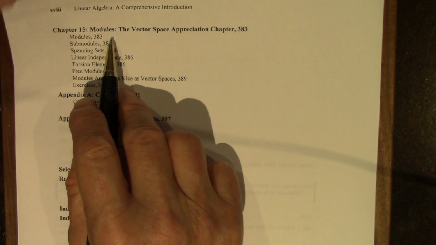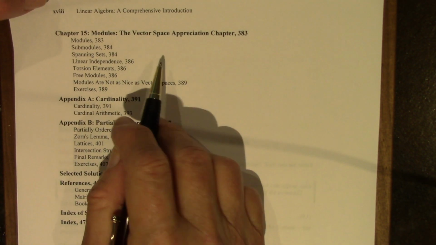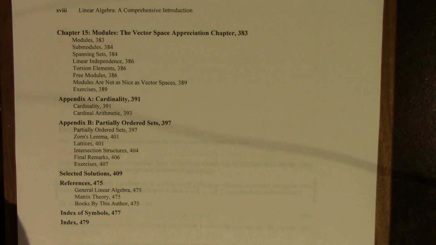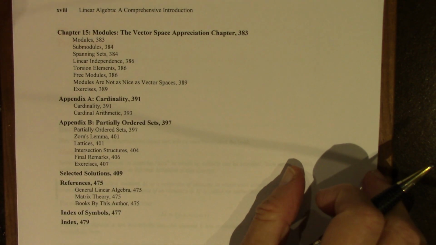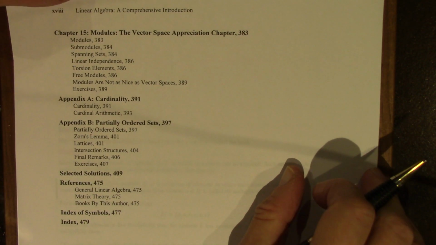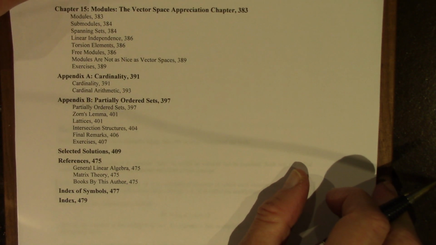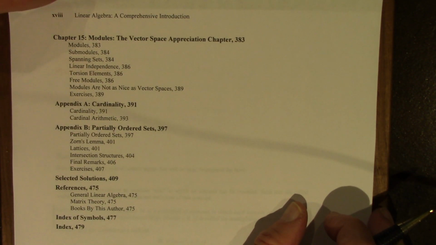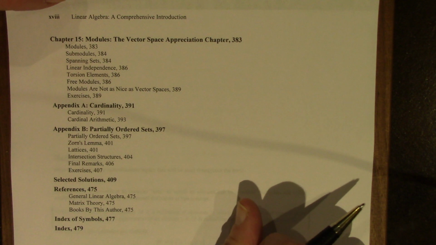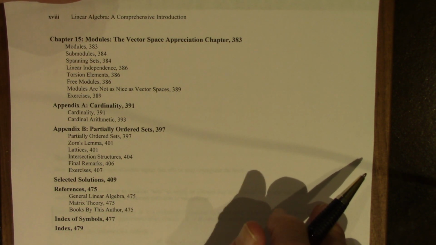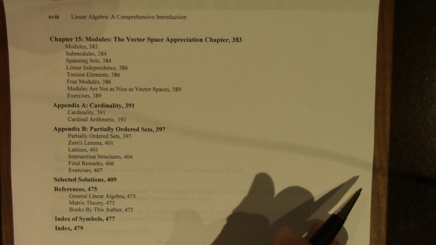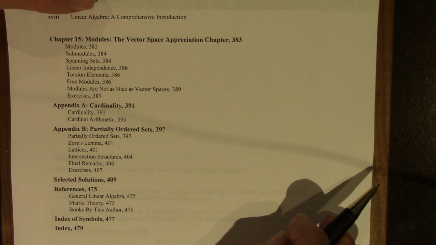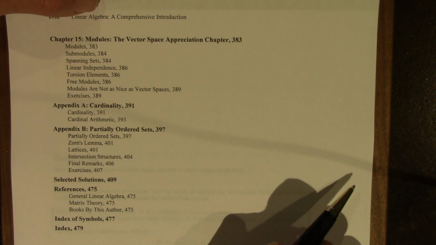And the final topics chapter is on modules. So, as I said before, I do use operator modules in the text proper, but only really the definition. It doesn't go much beyond the definition and the concept of a submodule of an operator module.